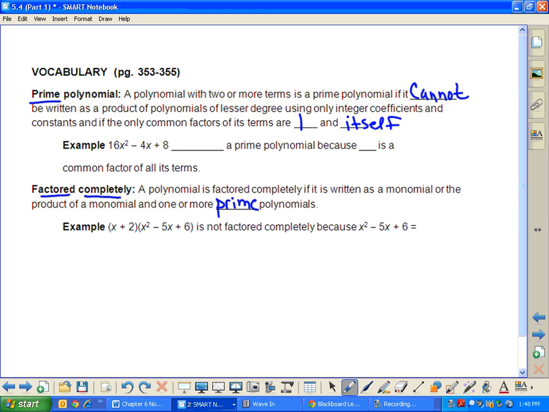It's a mouthful right there. Here's what that means. Do you see 16x squared minus 4x plus 8? That is not factored completely. So it is not a prime polynomial because 4 is a common factor in every single one of its terms.